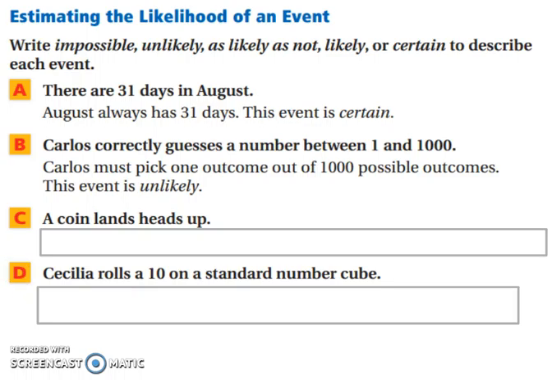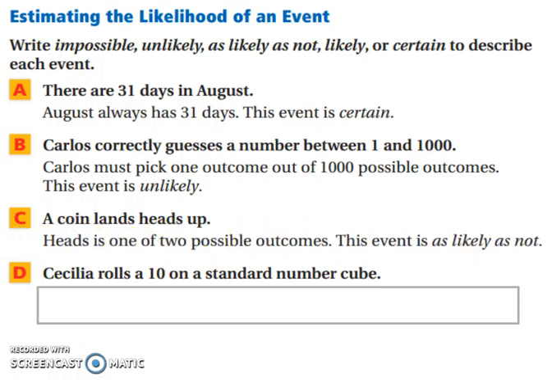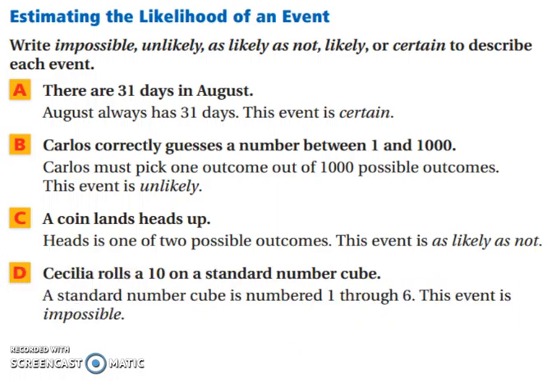Well, we talked about that in the last slide. If a coin lands heads up, you have a 50% chance of it happening. So as likely as it is not to happen. Cecilia rolls a 10 on a standard number cube. Well, a standard number cube only has 6 sides, and it is generally numbered 1 through 6. So this event is impossible.